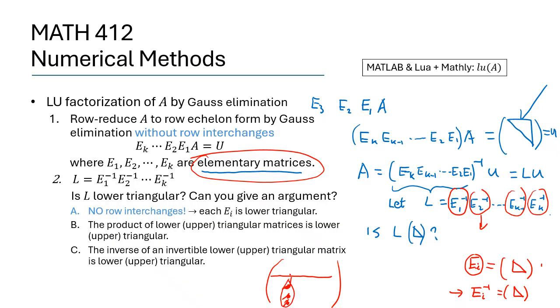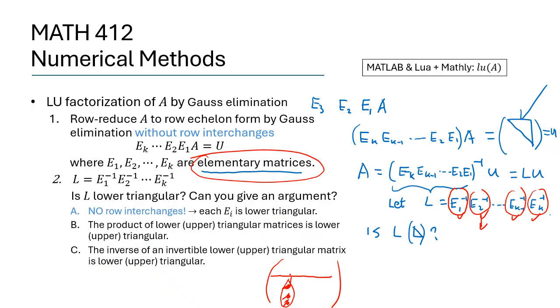So each one is a lower triangular matrix. We also have a theorem that the product of lower triangular matrices is also a lower triangular matrix.